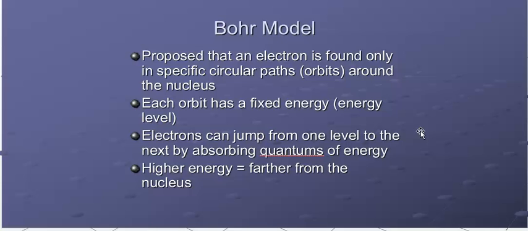And electrons orbited the nucleus, much like planets orbit the sun. Each orbit has a fixed energy, which is called an energy level. And electrons can jump from one energy level to another by absorbing a certain quantum of energy, which is just an amount of energy. Higher energy would be further from the nucleus.